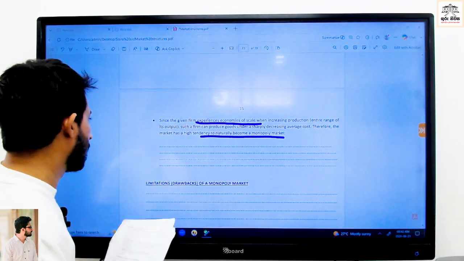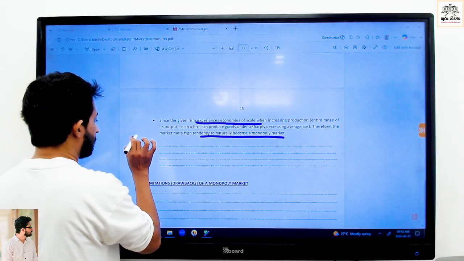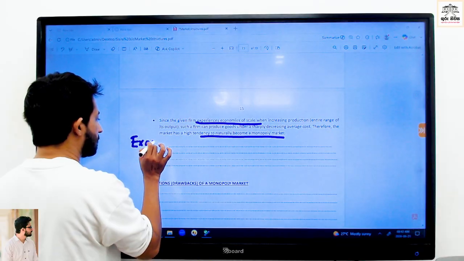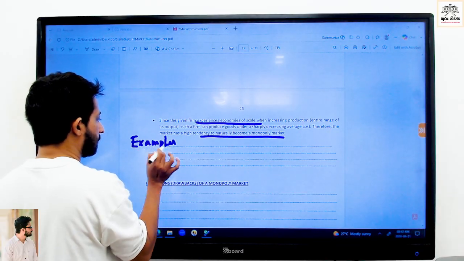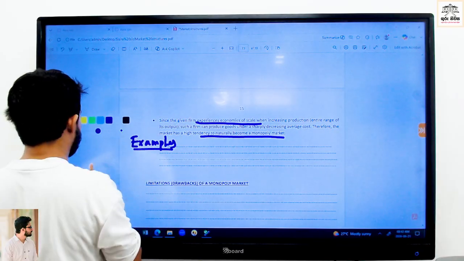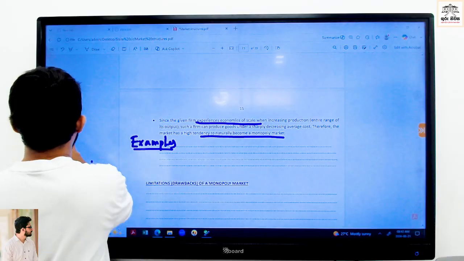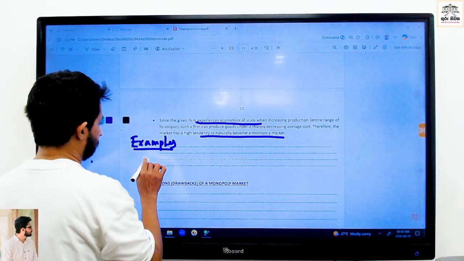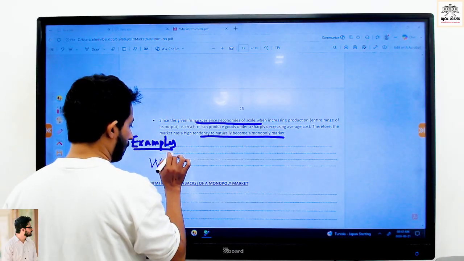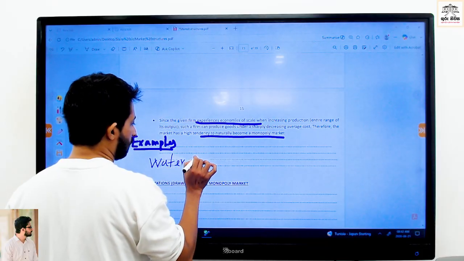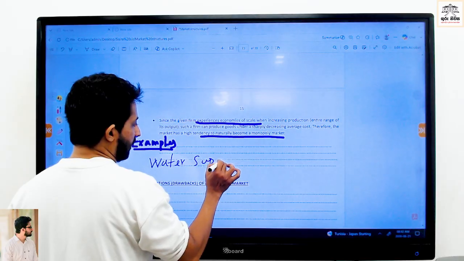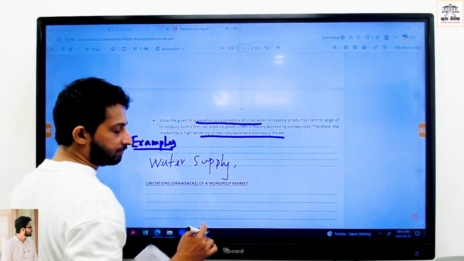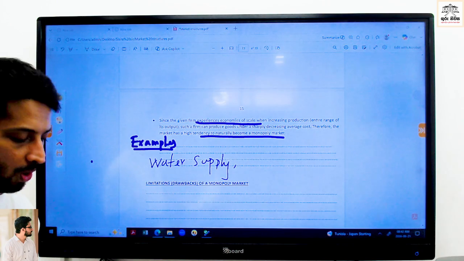Write down these Sri Lankan context examples. Number one, water supply. These are monopolies. They have created a natural monopoly due to the lower cost.